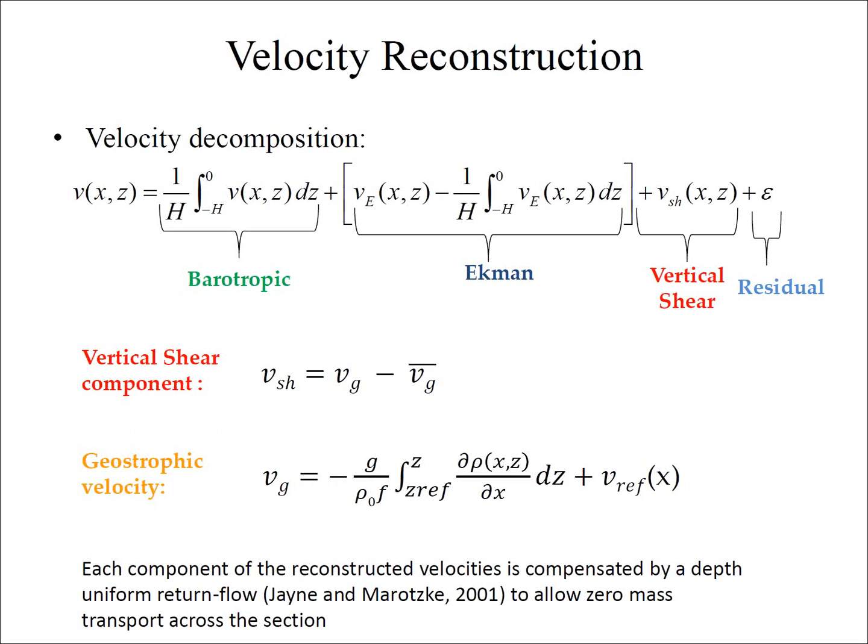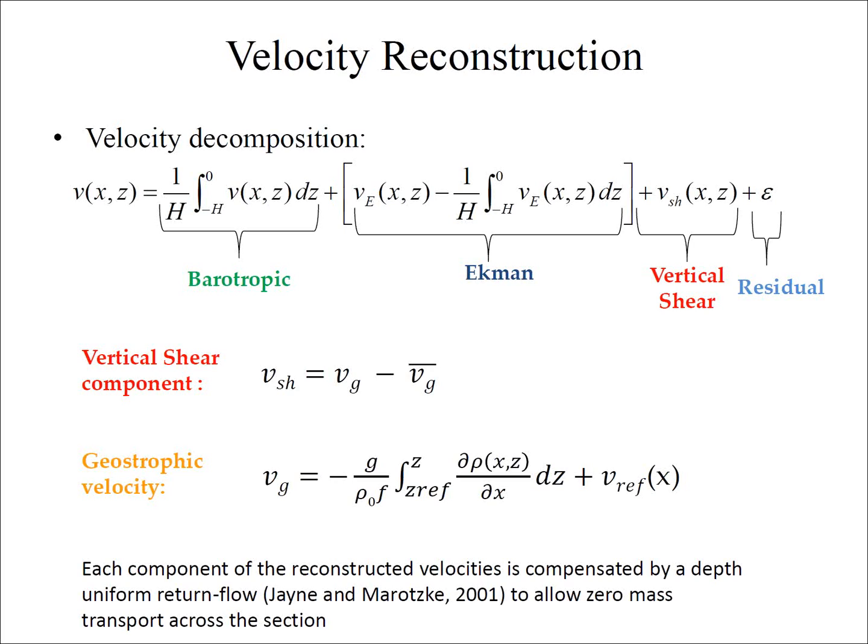Then we simulate this observation, and then we need to reconstruct the model velocities. In this work, we used a velocity decomposition that is generally applied a lot in the RAPID data and in model analysis. The velocity is decomposed into three main components.